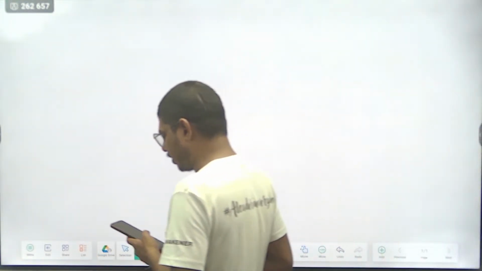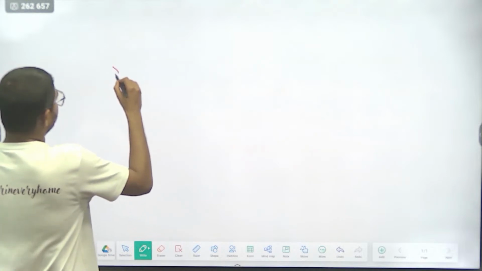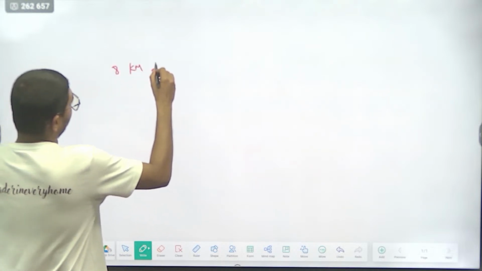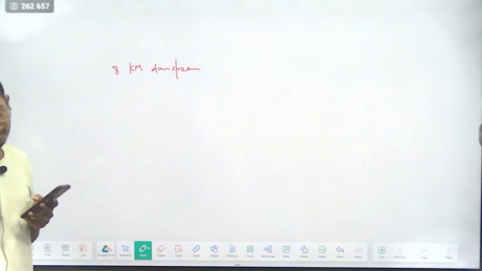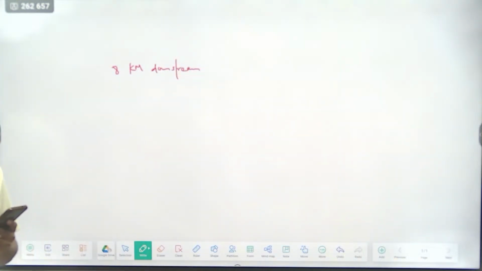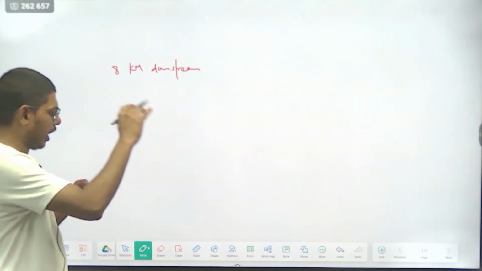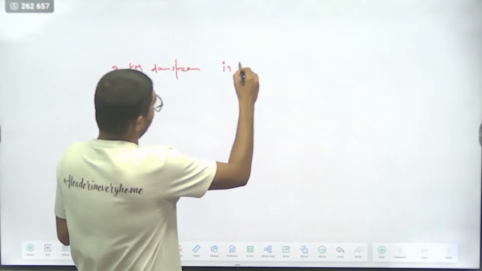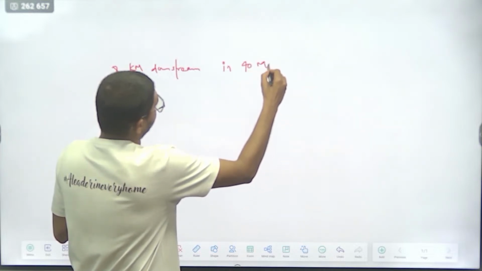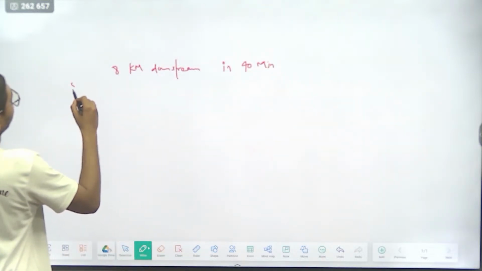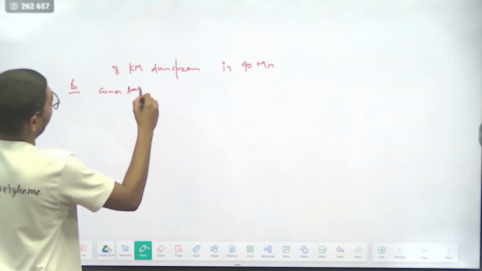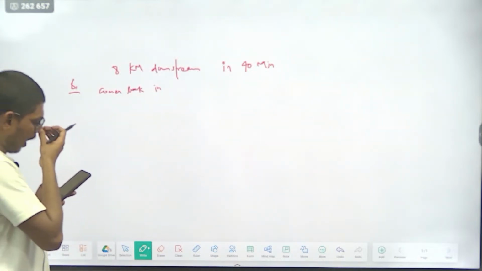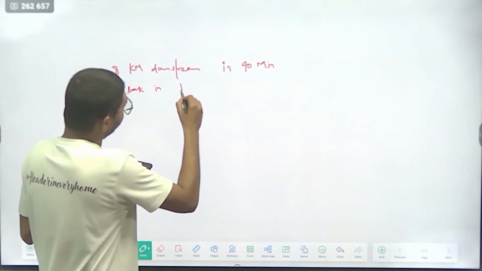Right. So the next question over here is: a sailor goes 8 kilometers downstream. Downstream means what? Along with the stream, right? A sailor goes 8 kilometers downstream in 40 minutes and comes back in 1 hour.